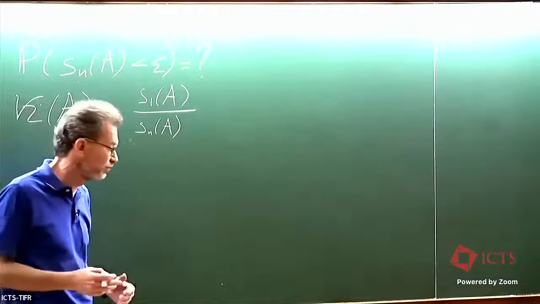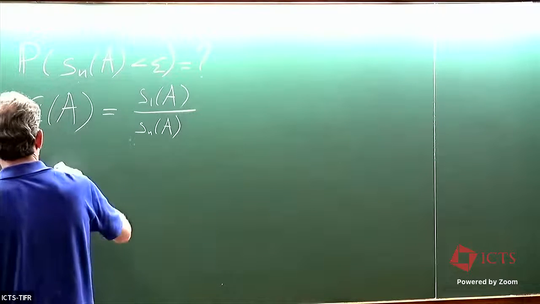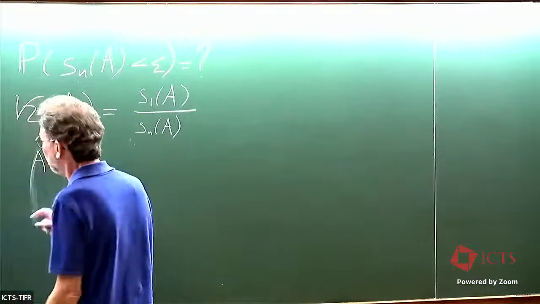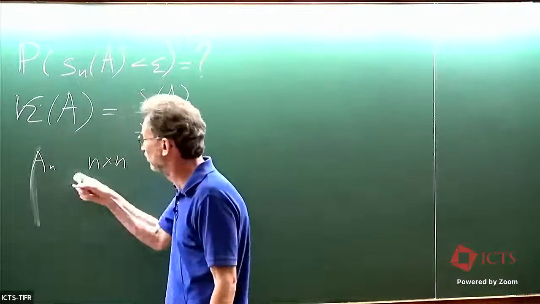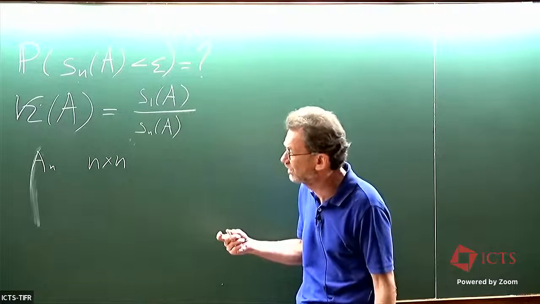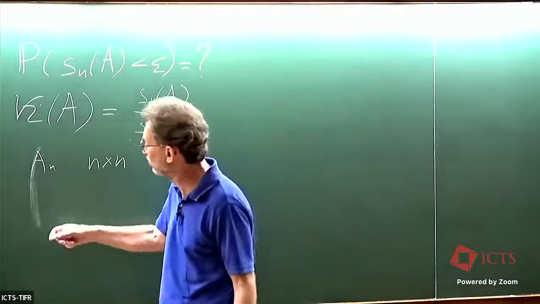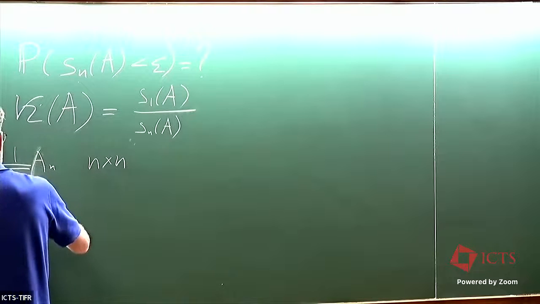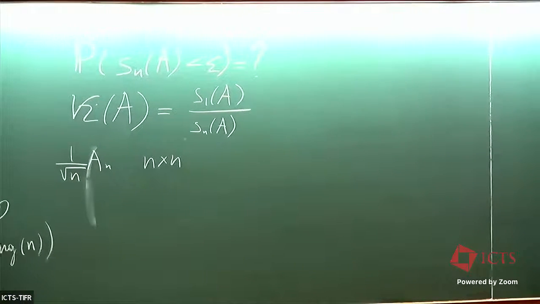For example, if we take a sequence of matrices A_N, where these are n by n matrices, and the entries are independent copies of the same random variable, we normalize them properly. The proper normalization here is 1 over square root of n.